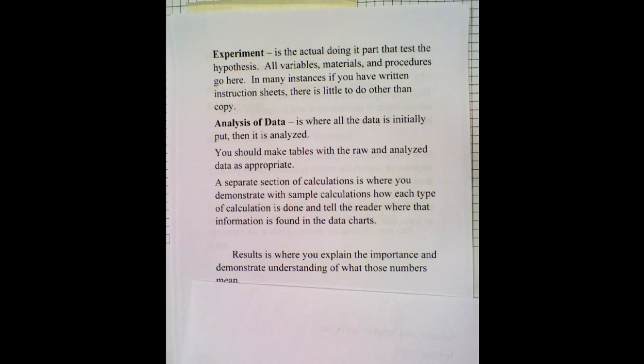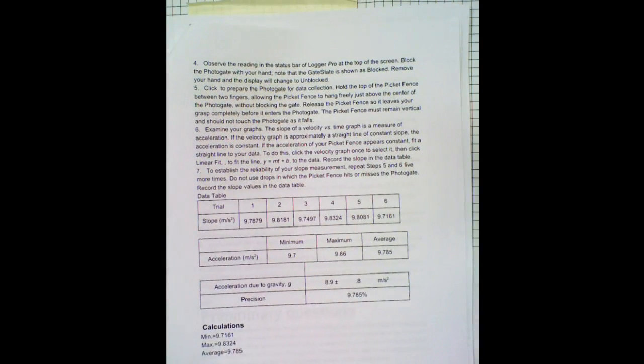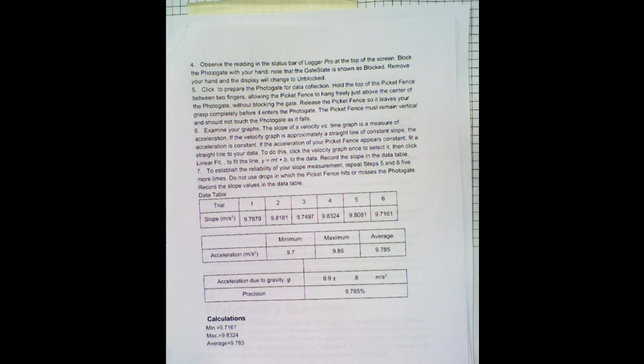So for an example, I have this paper, which I'm not going to tell you who it is. The person gives me some nice data here. Now, in the calculations, they should have told you how they got the average, which was take this, this, this, this, and this, add it up and divide by 6.